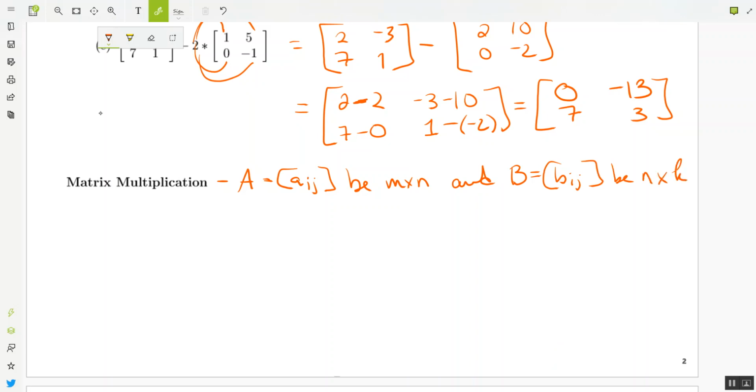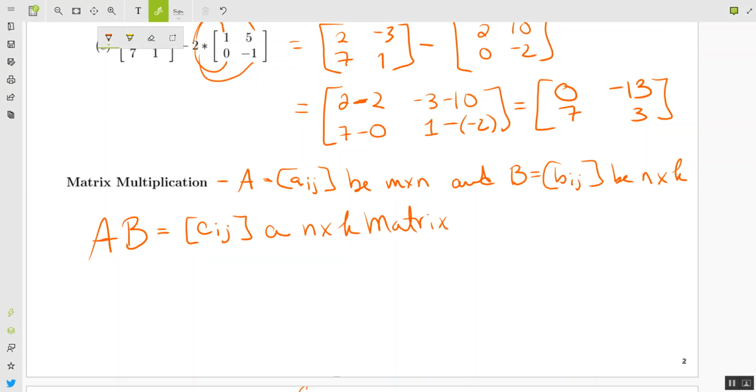So when we go to multiply, A times B is going to be a new matrix, C_ij, and I'm going to tell you how to get the C_ij's. It's an m by k matrix.